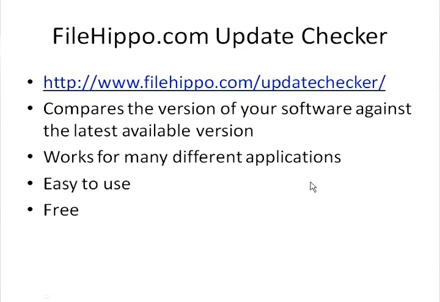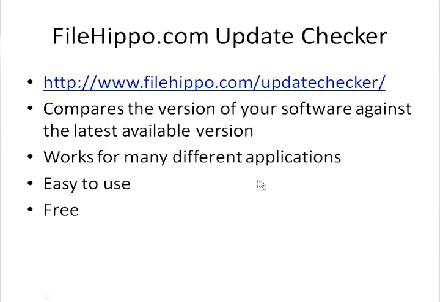Okay, and now we're going to look at FileHippo's update checker. FileHippo Update Checker is software that will scan your machine, look for the different applications that you have, and compare them against applications that it might have.